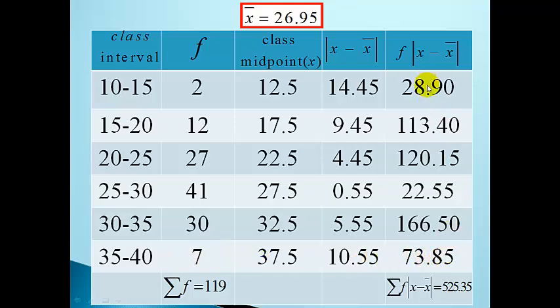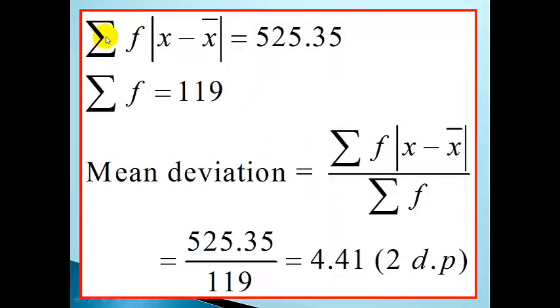Now we also sum. So 28.90 plus 113.40 plus 120.15 plus 22.55 plus 166.50 plus 73.85 is equal to 525.35. So we have summation of f times the modulus of x minus x bar, 525.35, and summation of f is equal to 119.